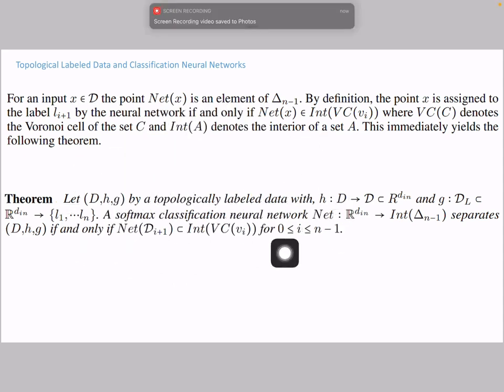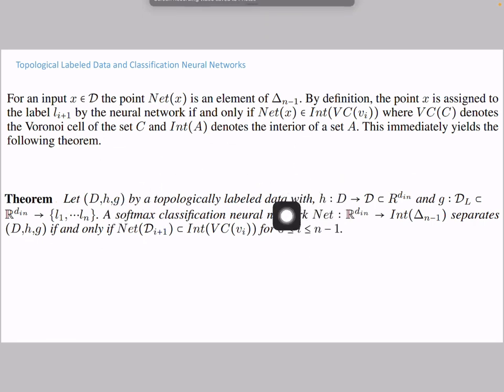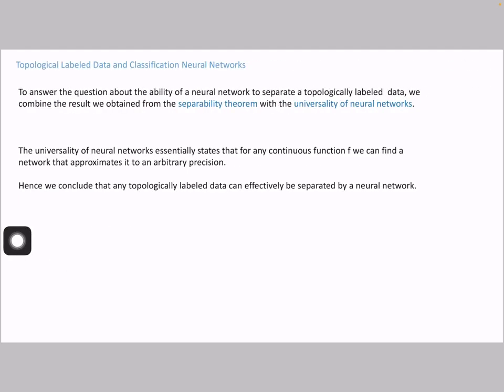This theorem characterizes the separability of topological data by a neural network, but it does not tell me whether a neural network is capable in the first place of separating topologically labeled data. We would like that to always happen, just like in the case of continuous functions. So the separability theorem and another fact known in the deep learning literature called the universality of neural networks can be utilized towards this.